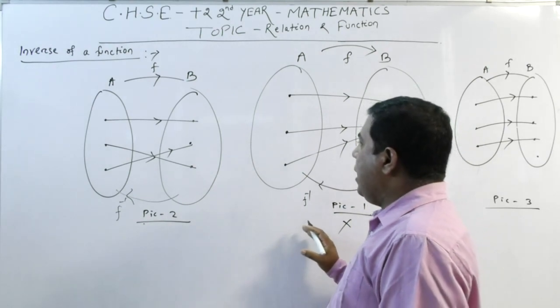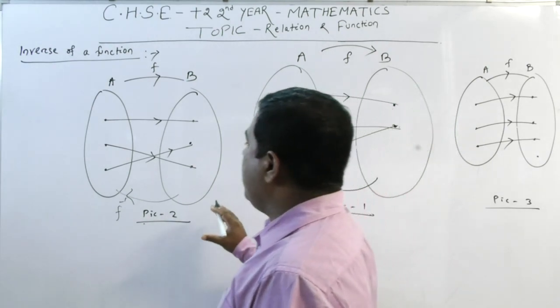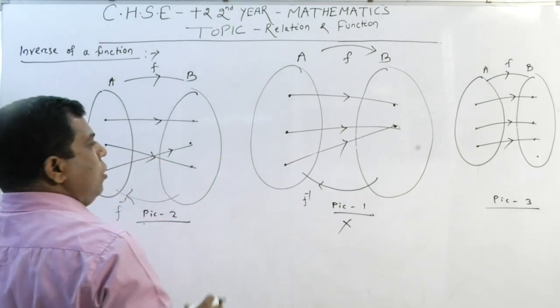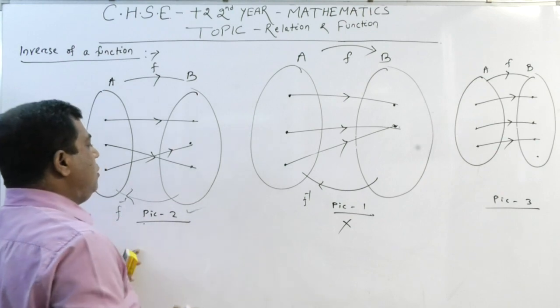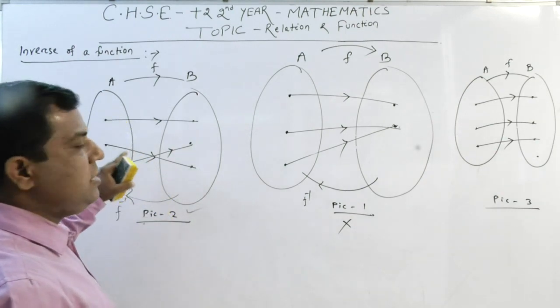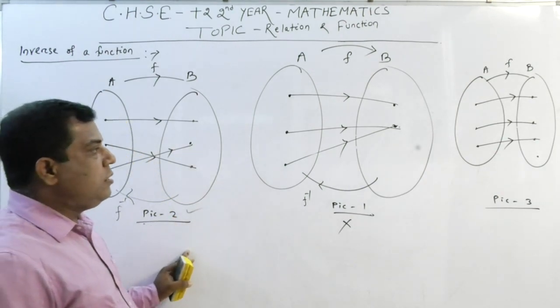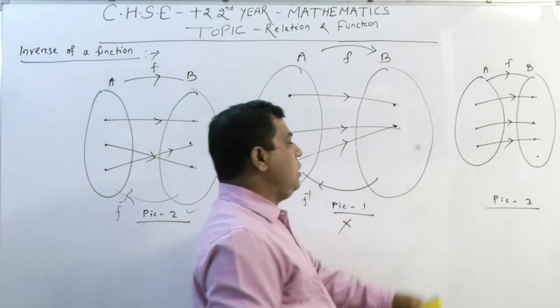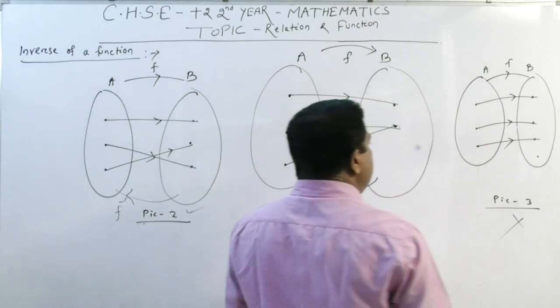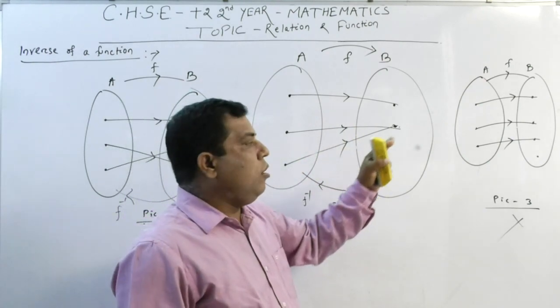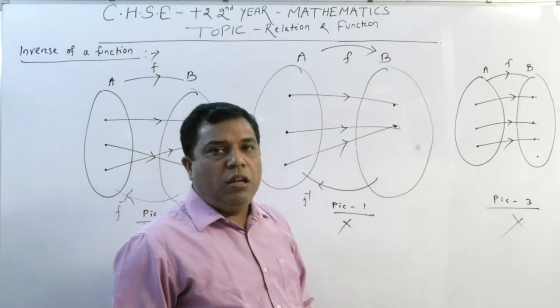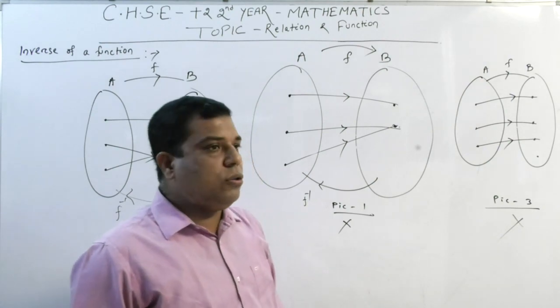So as this picture is satisfying the one-one condition and the onto condition, this function is having an inverse, but these two pictures are not satisfying the one-one condition, or the codomain is not equal to the range set, which is the onto condition.